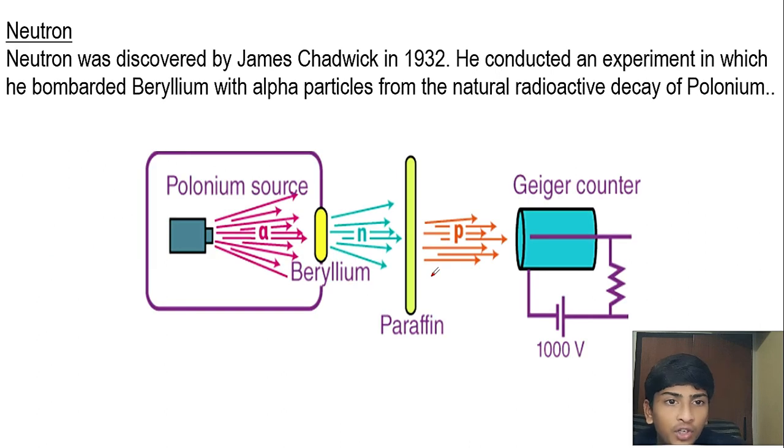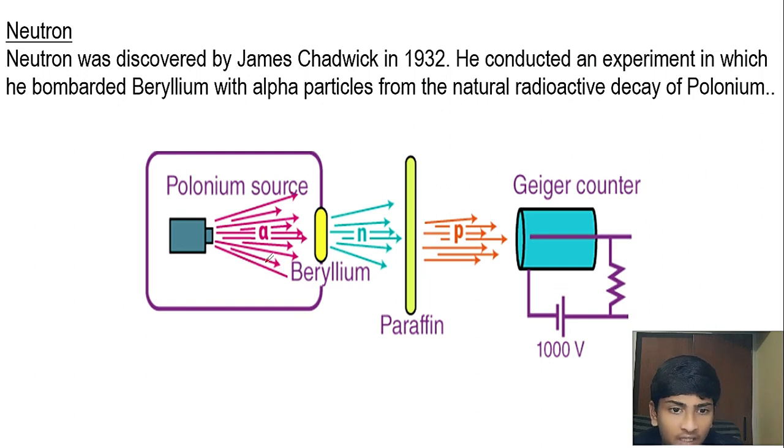Now neutron. The neutron was discovered by James Chadwick in 1932. He conducted an experiment in which he bombarded beryllium with alpha particles from the natural radioactive decay of polonium. Polonium is an element where we can find only alpha particles.